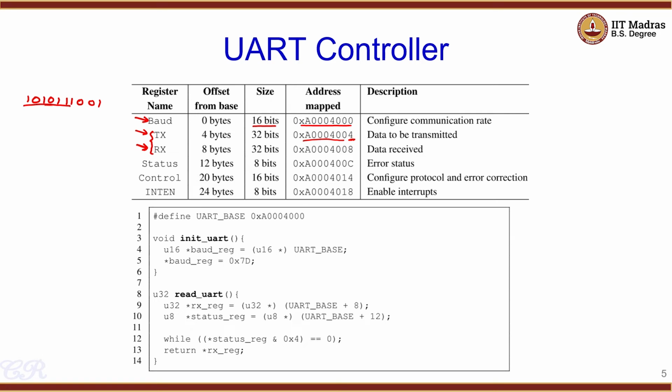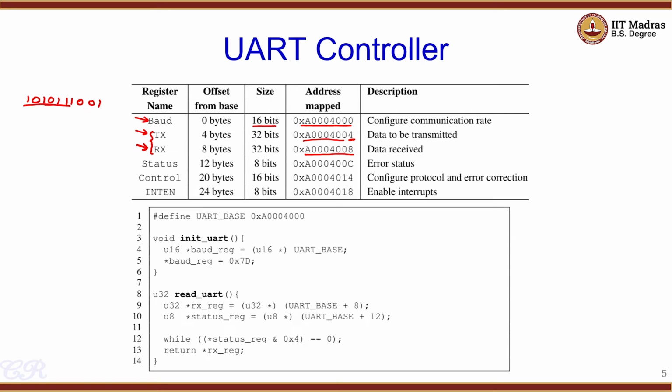Now, the RX register holds the received data, right. It is present at the address 0xA0004008, right. So, what does this mean? Any data that is received by the UART controller through the serial interface is stored in this RX register.